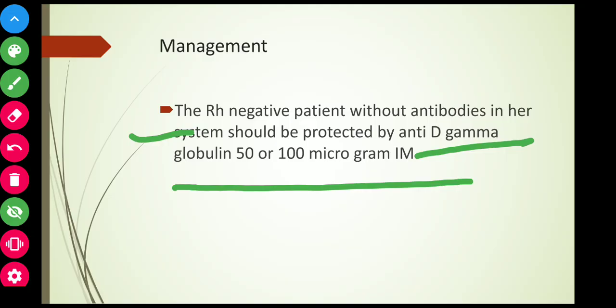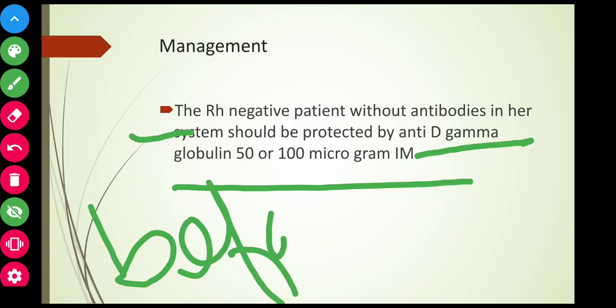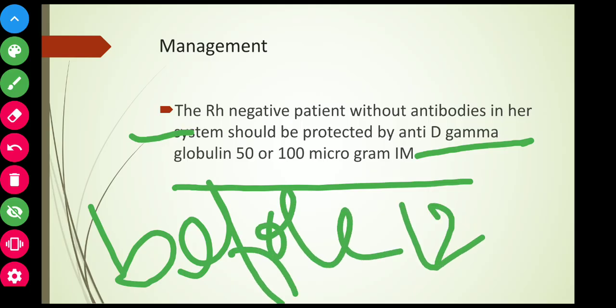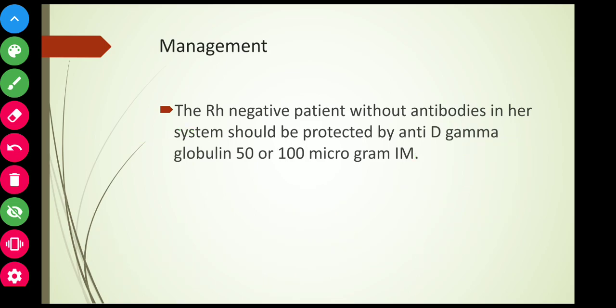Before 12 weeks of gestation, where no instrumentation has been done, this anti-D gamma globulin is not required. That means before the 12th week it is not required. So that is only for Rh negative patients.